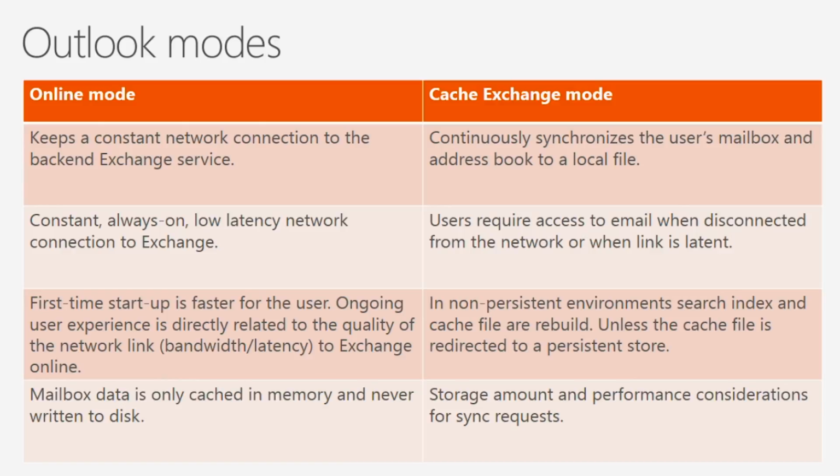Generally we find these situations where they have a native device and need to take that content offline, or maybe they have network degradation or high latency connections. It enables users to access their email whilst offline. But of course, we do have some considerations around that OST file and the OAB file when running in persistent and non-persistent environments. Adam, is that something you can speak to?